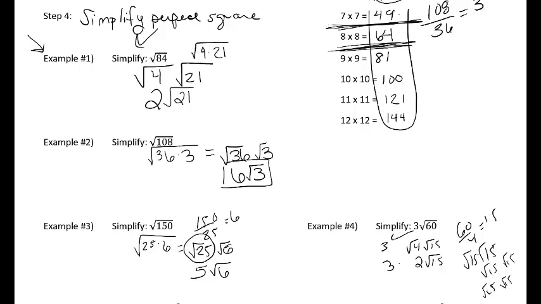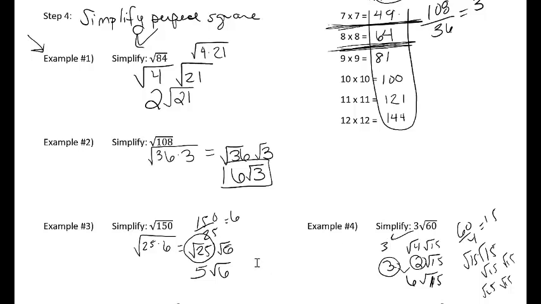There's 3 sets. There's 6 radical 15s total. Now, I don't want you to have to write all this out. I want you to realize that 3 times 2 could give you that 6. So the numbers outside of the radical can multiply. Numbers under the radical can multiply.